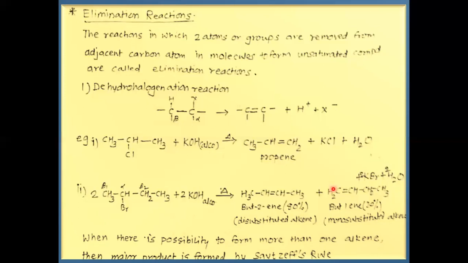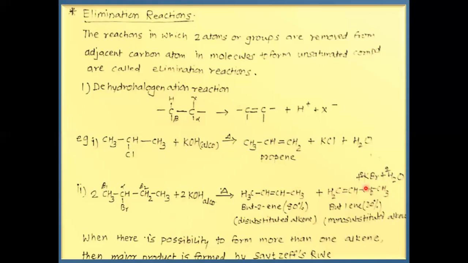But in 1-butene, across the double bond, one carbon has two hydrogens, and at the other carbon one hydrogen is substituted by an ethyl group. It is mono-substituted, as only one hydrogen is substituted by the ethyl group.